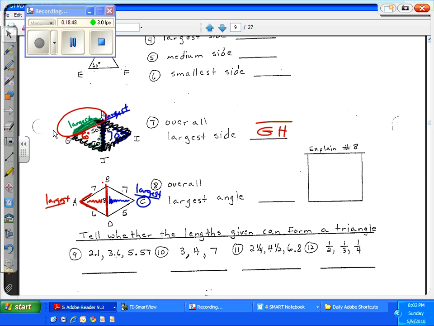So we know the largest angle of the triangle on the left is A, and the largest angle of the triangle on the right is C. Is there any way to know if A is greater than C? Is there any way to know that angle A is less than C? Is there any way to know that angle A is equal to angle C?